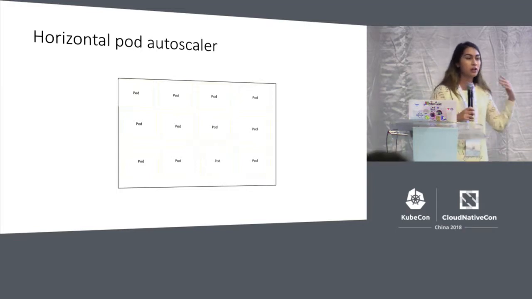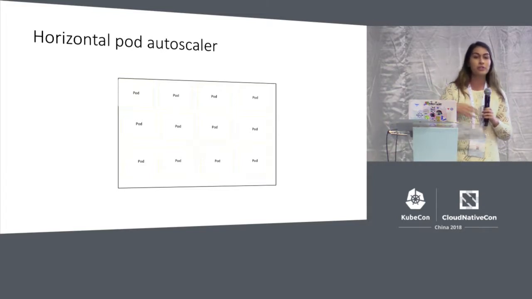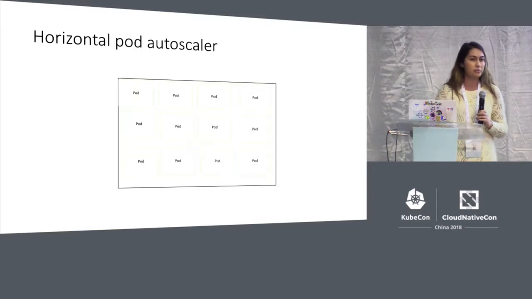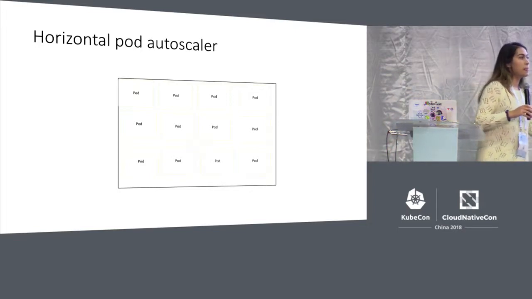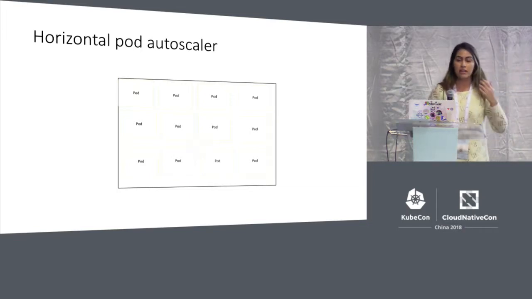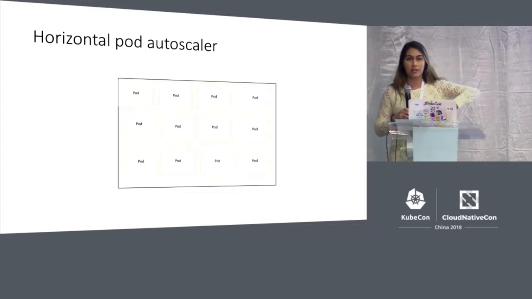You probably have over-provisioned your clusters, so you have a bunch of nodes and a bunch of underutilized compute. And that's why we end up scaling. That's really the reason why we want to do those things. So if we're really talking about money and underutilized resources, that's when I want to bring in another concept of scaling, and that's just scaling with pods.